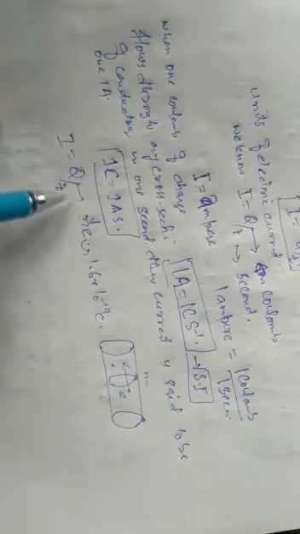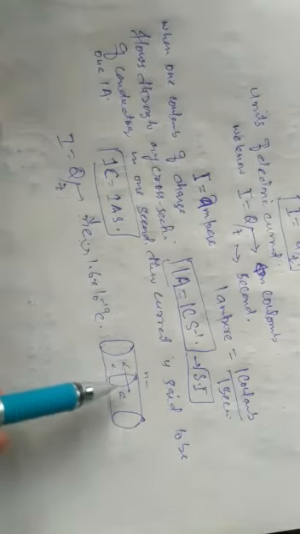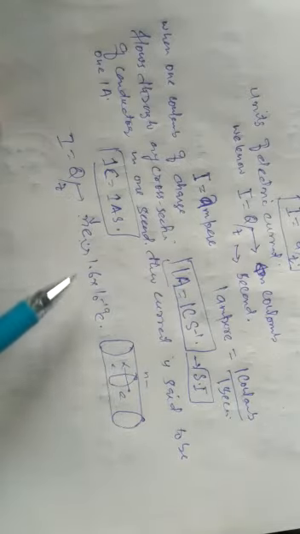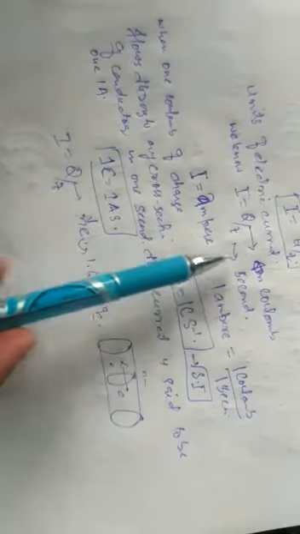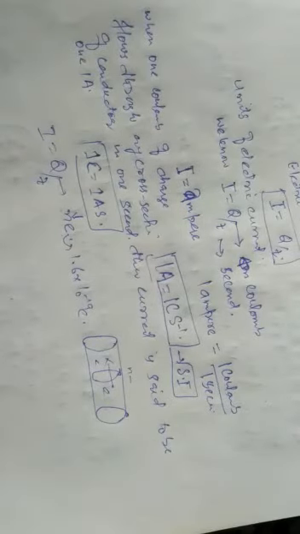As we know, I equals Q by T. Now I am saying if there is a flow of n number of electrons, it is not only electrons, it is any charge. When the charge Q flows through any cross section of a conductor, then you define the current.